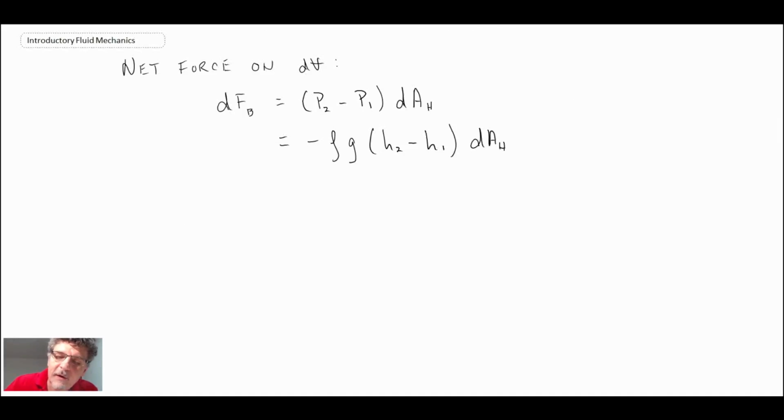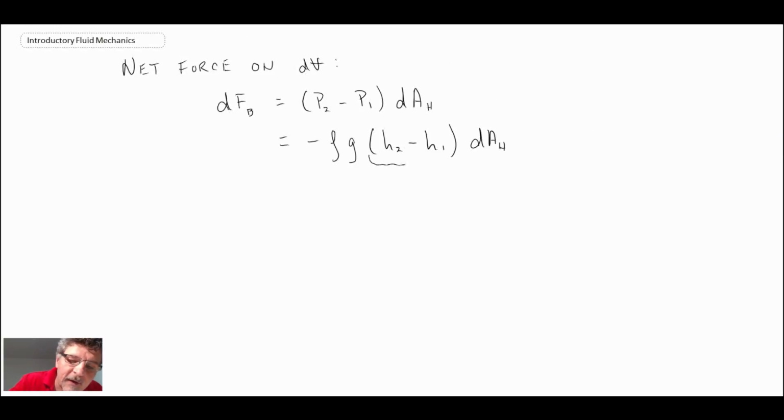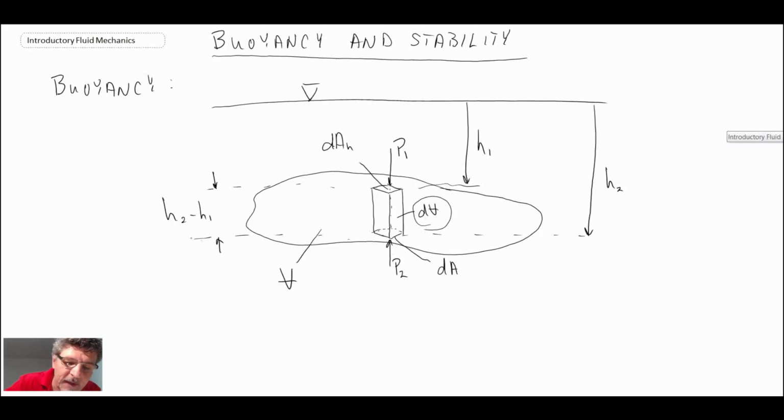Well, if we look at our object, H2 minus H1 times dA is essentially equal to the volume of that differential element. So this here is nothing more than just dV. So we can rewrite this expression in the following way. Actually, that would be minus dV, because we have H2 minus H1, and H2 is lower, so this is further down than H1.